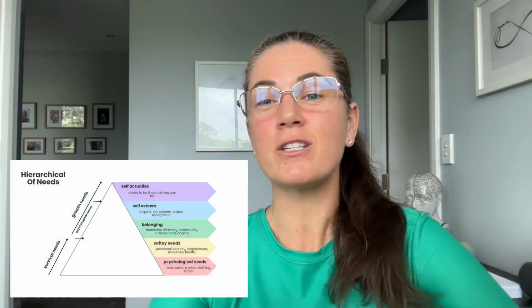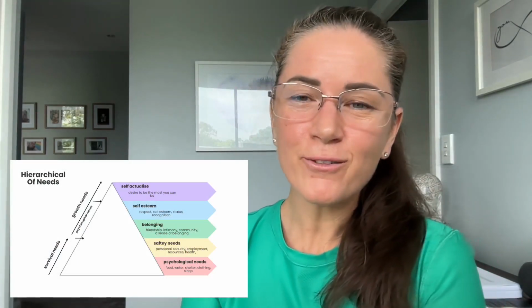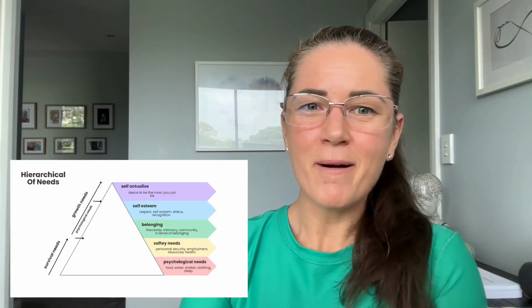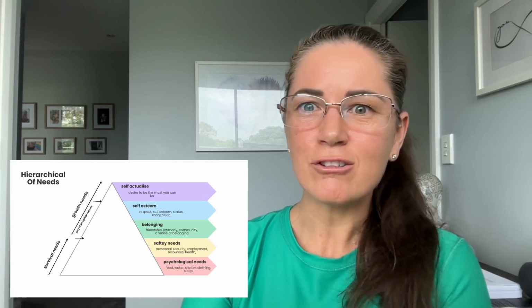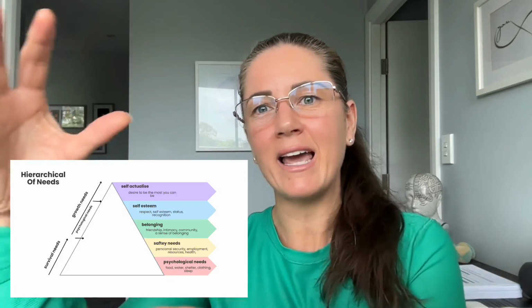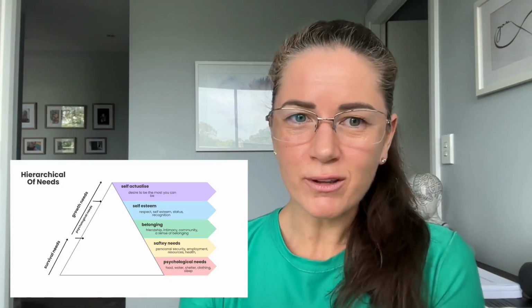So the first dynamic I really want to address with you today is Maslow's hierarchy of needs. You've probably seen this before if you're into psychology or you've done some study on the mind. This is a need triangle, which basically shows the multi-layered levels of needs that an individual has.